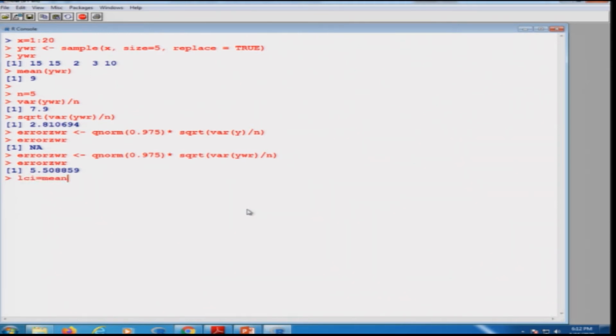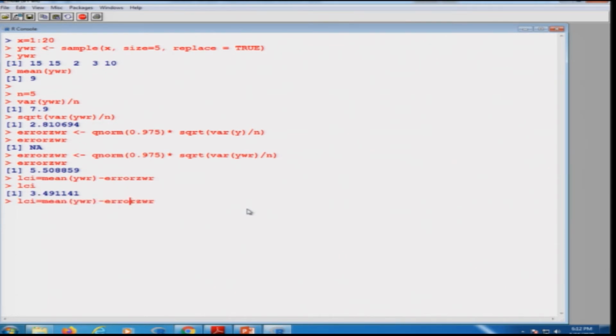here mean of YWR minus error ZWR, right. So, this is LCI, the lower confidence limit when sigma square is known.